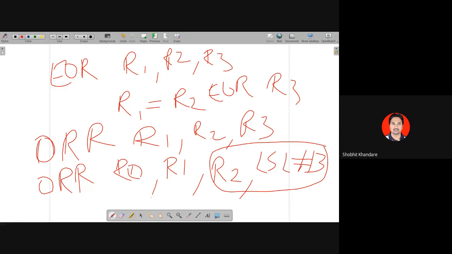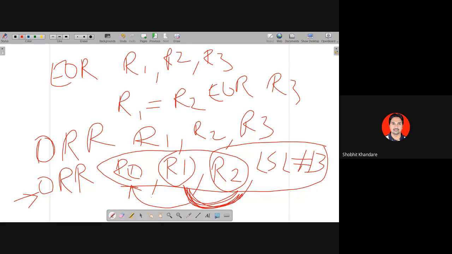After that, R1 and this shifted value go through the logical OR operation, and the result is stored in R0. You can imagine that if I had to do this instruction in the 8051, it would take 2 to 3 instructions, but I am doing the same work in one instruction. This is called a 3 operand instruction, or a 3 address instruction. I have covered all this before, so this is not new.